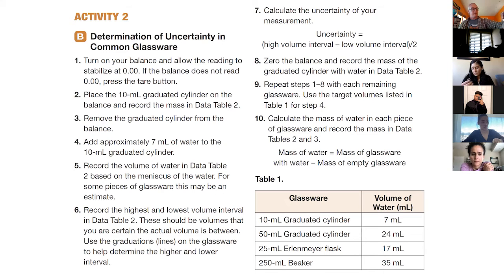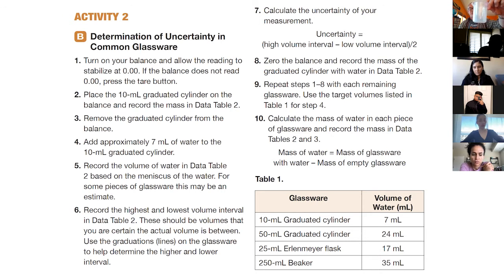So what we're not going to do is take the 50 mil, measure up to 35, and then pour it into the beaker. That's not the point. The point is we want to see how close we can get to 35 mils using this.